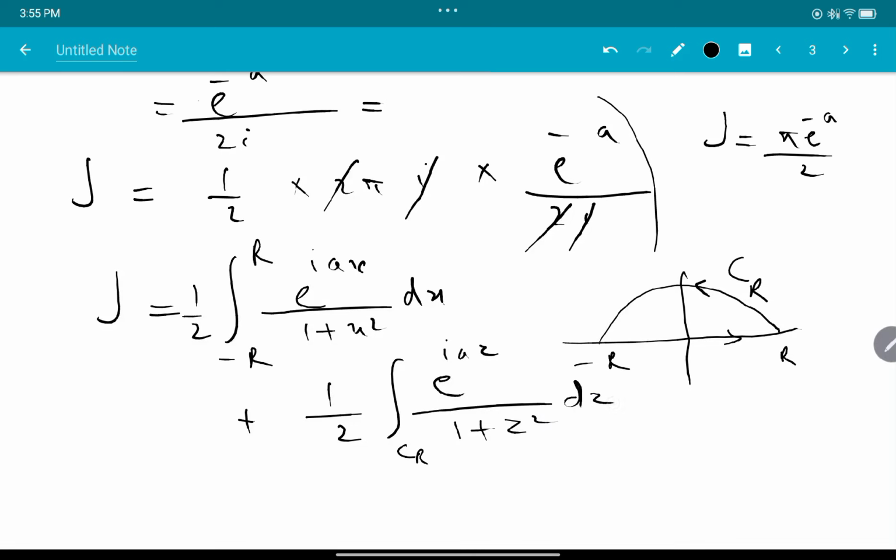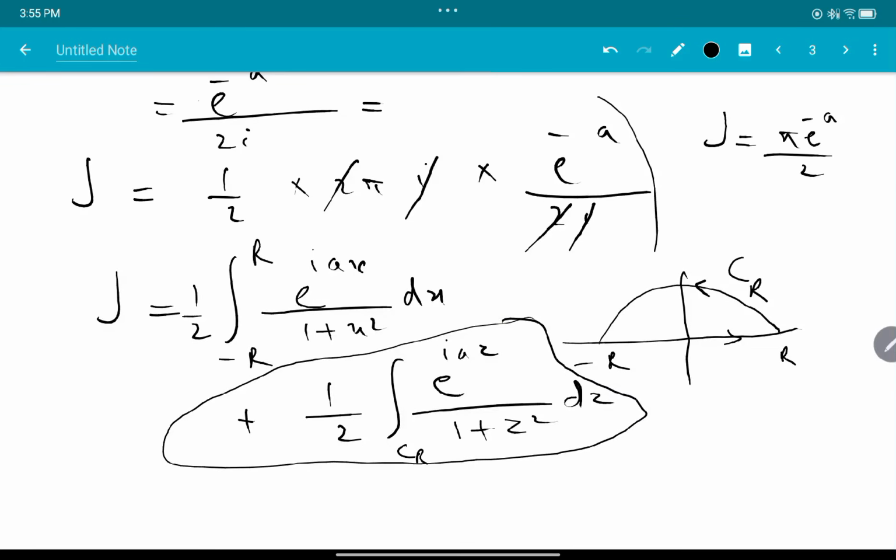Now we have to see the behavior of this as r goes to infinity. If I had just 1 by 1 plus z square, I have calculated that in my previous question, and I will rely upon that.